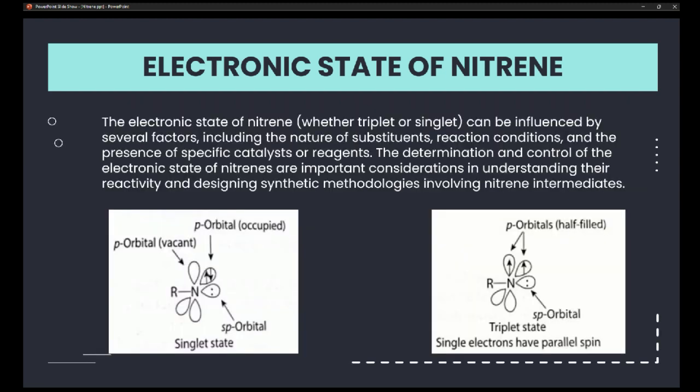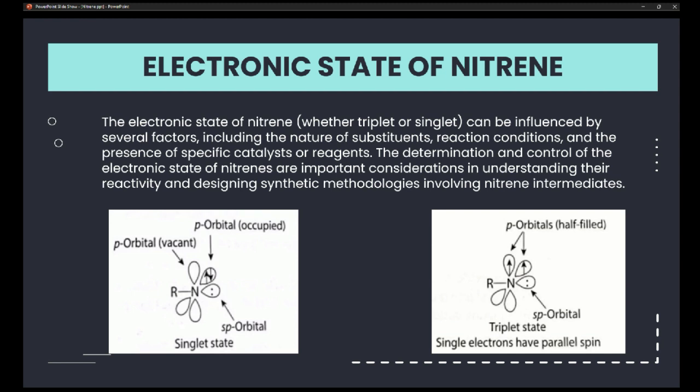The electronic state of nitrenes can be influenced by several factors, including the nature of substituents, reaction conditions, and the presence of specific catalysts or reagents. The determination and control of the electronic state of nitrene are important considerations in understanding their reactivity and designing synthetic methodologies involving nitrene intermediates.